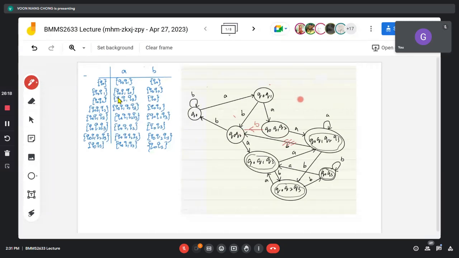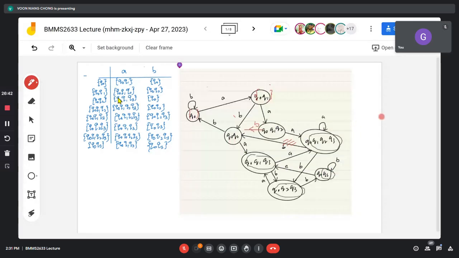So this one, the acceptance state is Q3. So as long as a step has a Q3, we will put a double circle on all of these. And also the brackets: this is non-deterministic to deterministic, so every step must have the brackets.